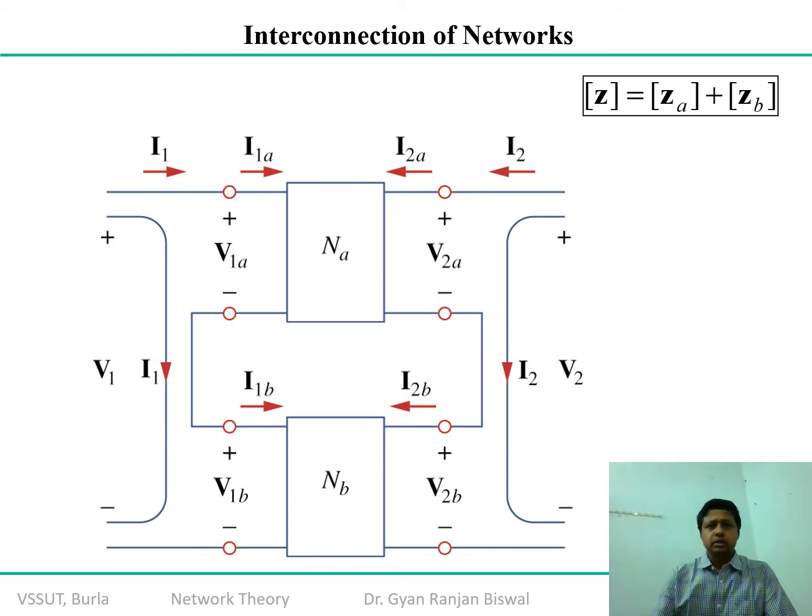So you can solve the smaller, simpler networks first, and then add in terms of response. Because it is connected in series, Z equals ZA plus ZB, where ZA is the impedance parameter of network NA, and ZB is the impedance parameter of network NB. So overall Z will be the sum of ZA plus ZB.